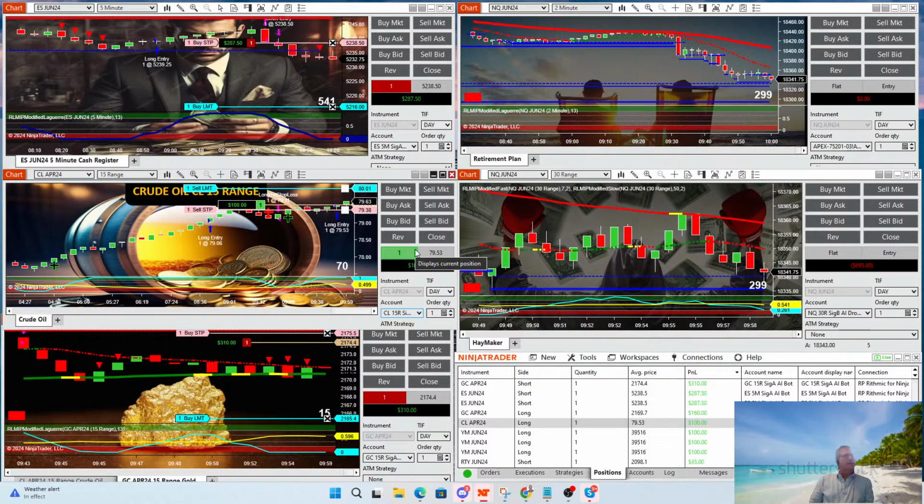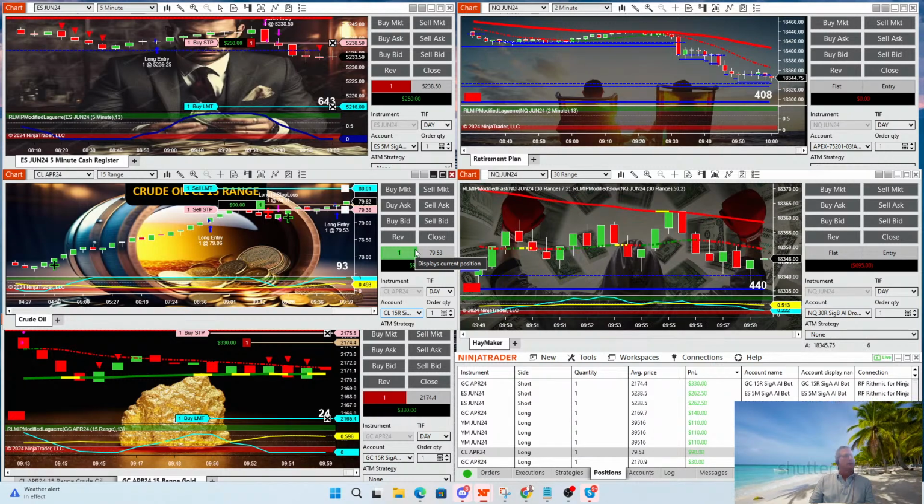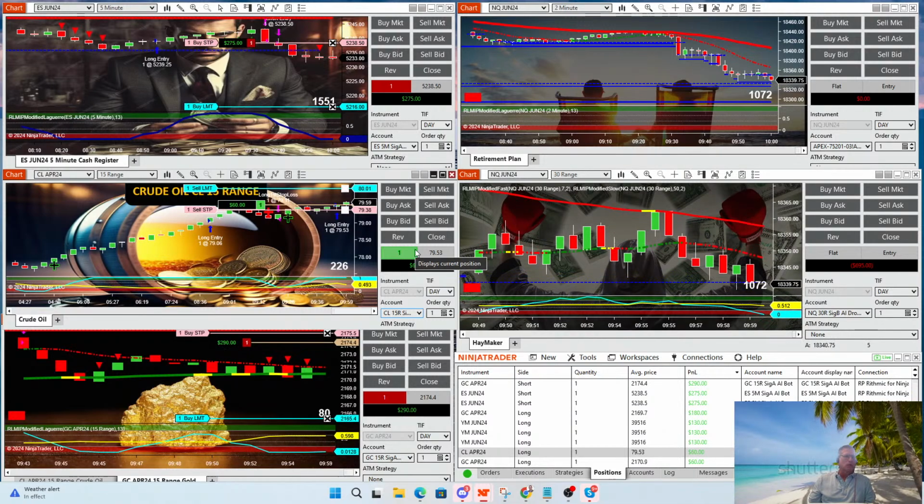It doesn't head fake you much. NASDAQ just wants to keep going down.